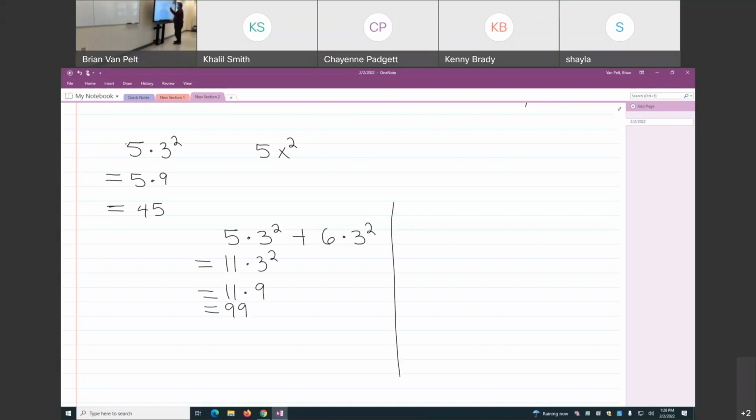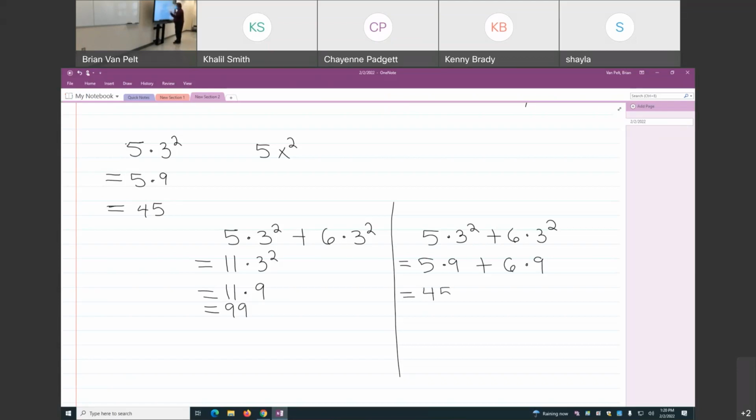Now, if we use the other method, which is the more straightforward method, let's compare the answers. If I gave you this at the beginning of the class, you would do 5 times 9 plus 6 times 9. Am I correct? Let's multiply them together.